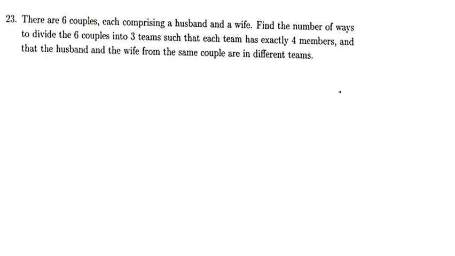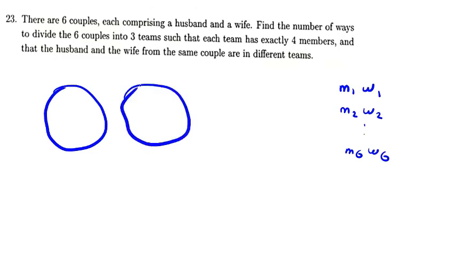Okay, so suppose that we have, for example, M1 man, W1 woman, the first couple, up to M6 W6. Now we have 3 teams, 1 team, 2 teams, 3 teams. They don't have names.